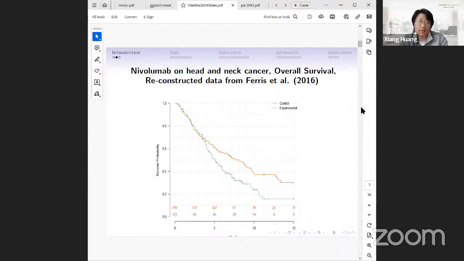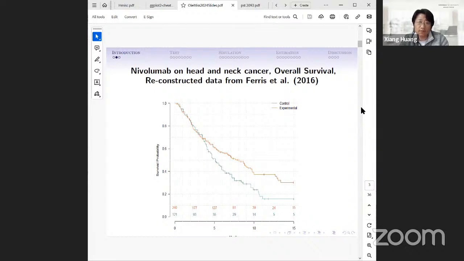It's not like chemotherapy or other therapy. The immune system needs time to build up its immune reaction or immune response to the treatment. So when we design a trial, how can we accommodate this delayed treatment effect?